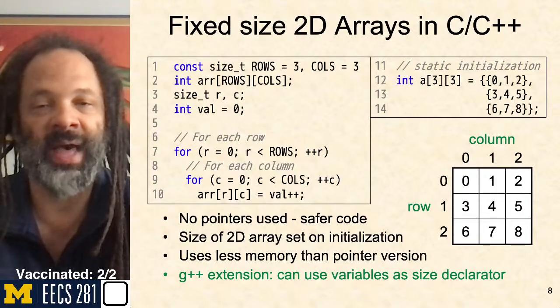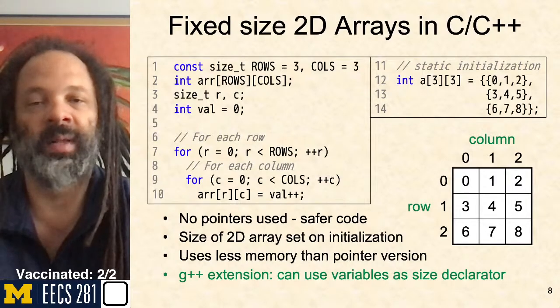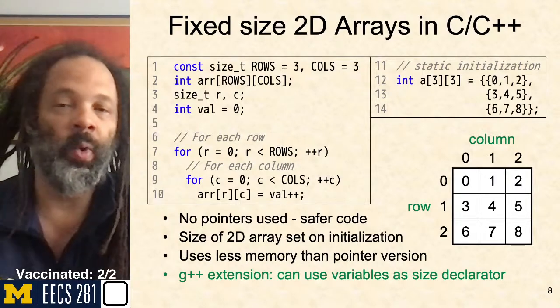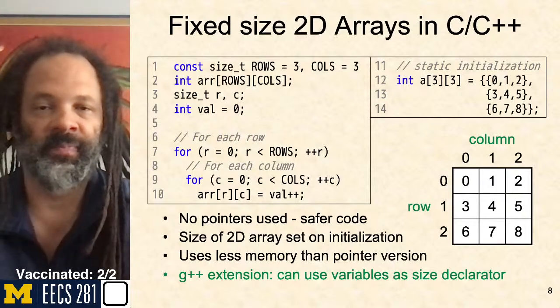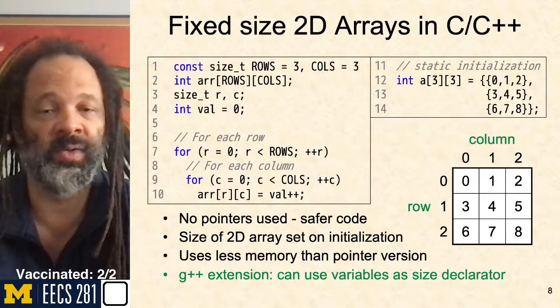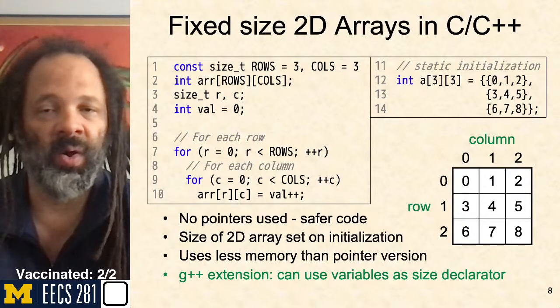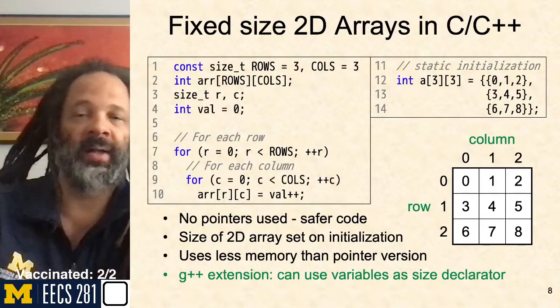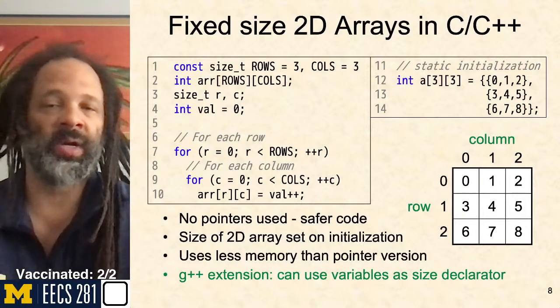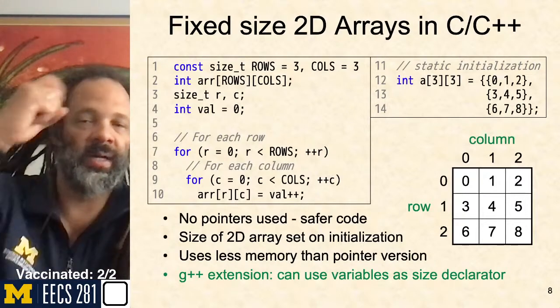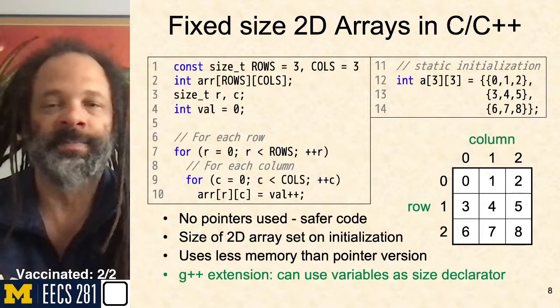I can't do that in general in C++ or C with variables. There is a G++ extension that allows this to work with variables, but that's not fully portable code. So the goal here is to use code that can always be compiled and always can be run everywhere. So here we're going to use these consts so that we can declare that array of the right size.